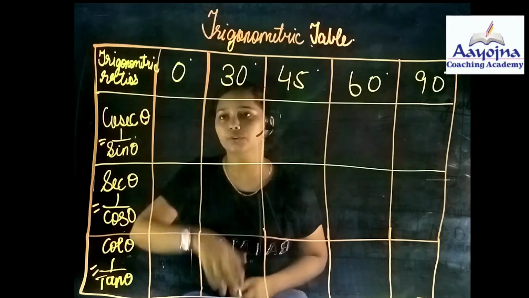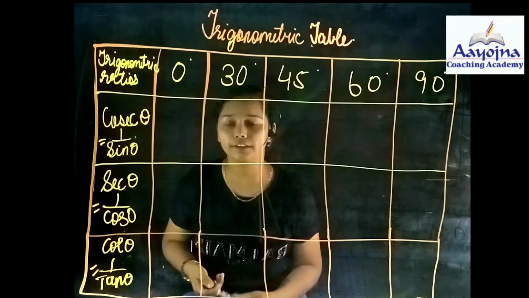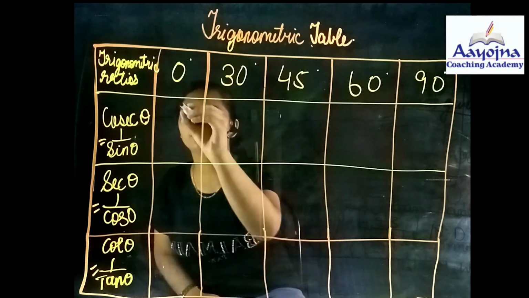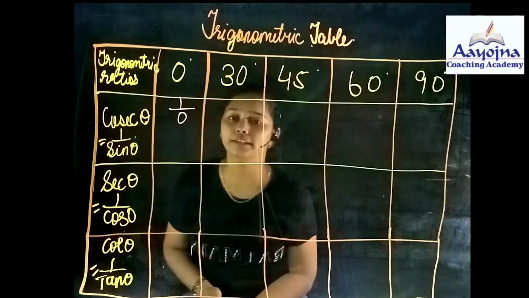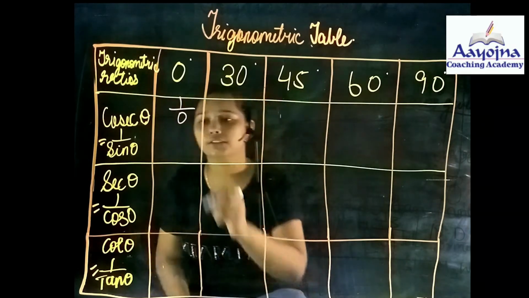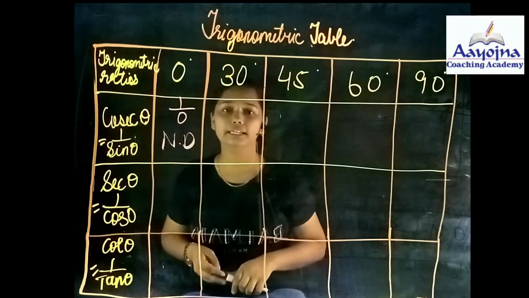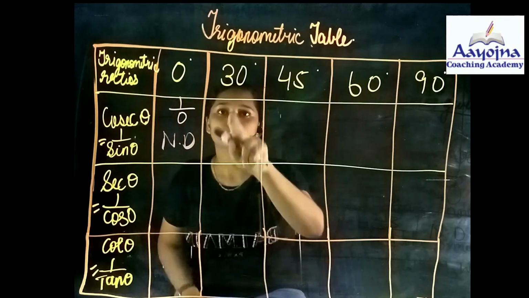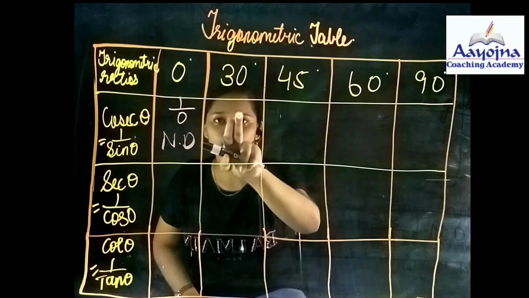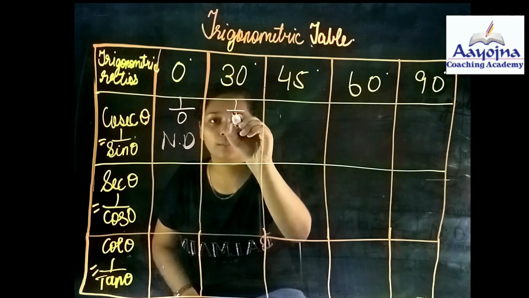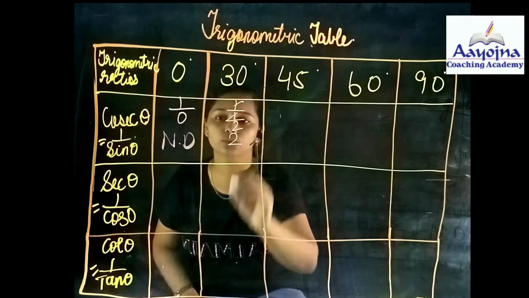To find the value for 0 degree, sine 0 degree was 0. So if we do 1 upon 0, we know any number which has denominator 0 is not defined. So it becomes ND, not defined. 30 degree, for sine it was half. So it becomes 1 upon 1 upon 2. 1 gets cancelled, it remains 2.